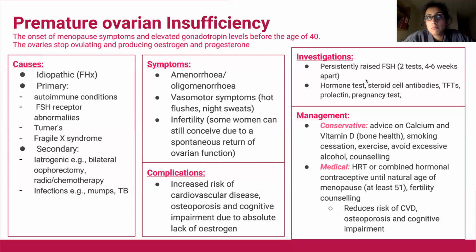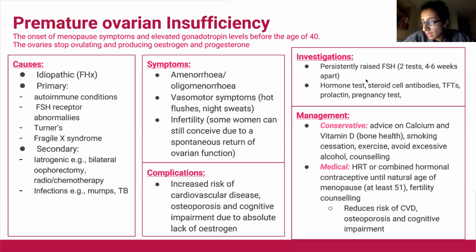AMH levels as well can be an indicator of follicle count. Other things you can test are steroid cell antibodies, if it's an autoimmune cause, thyroid function, prolactin, and a pregnancy test as well, if someone's presenting with amenorrhea.